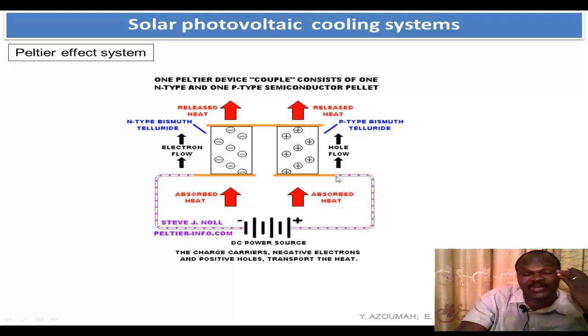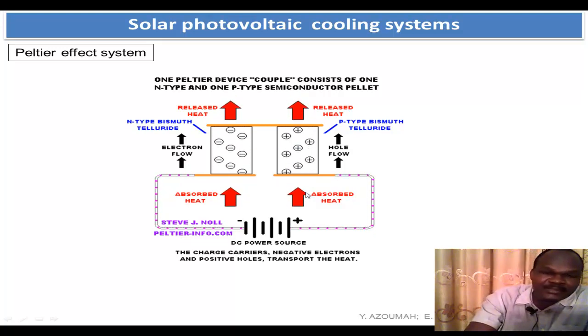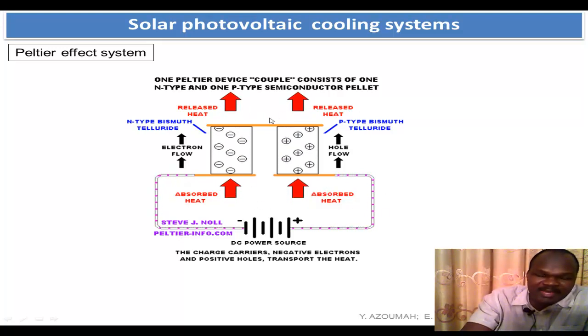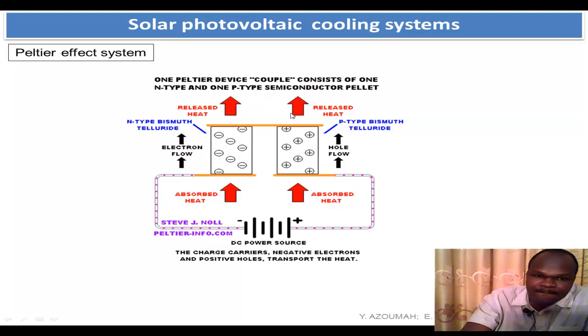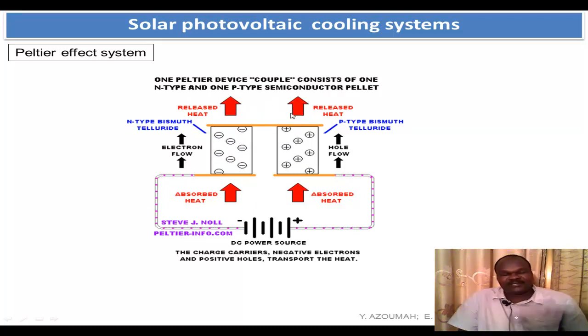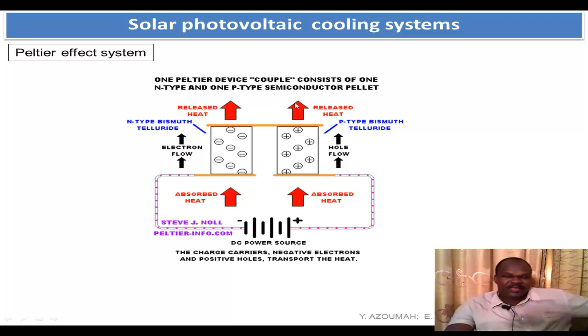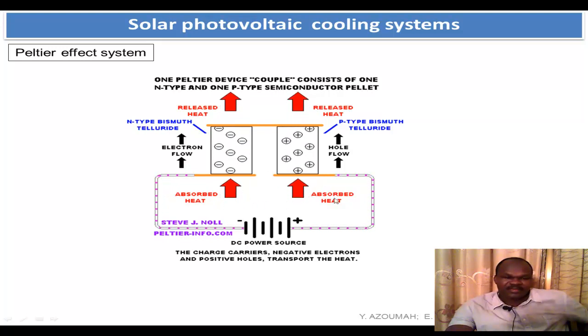So as a consequence, you have one end of the junction being cooled and the other end being heated up. So you have created a refrigeration system, where it's like you have your evaporator here, the food compartment here, and then you have the condenser here.